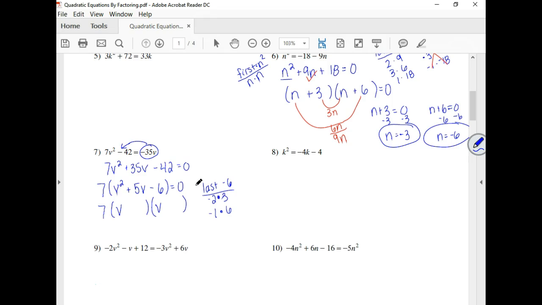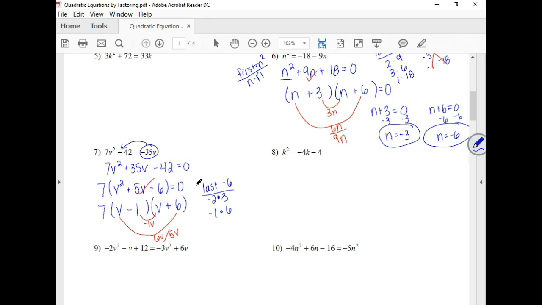As I look at those, I can see that the negative 1 and the positive 6 would give me a positive 5 in the middle. So if I choose negative 1 and positive 6, then when I check my inner terms, I get negative 1v. When I check my outer terms, I get 6v. And add those together, I would get 5v, which is what I have up here.